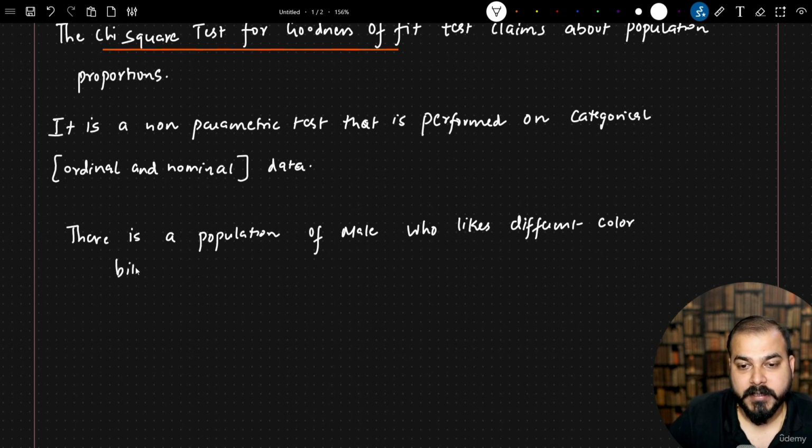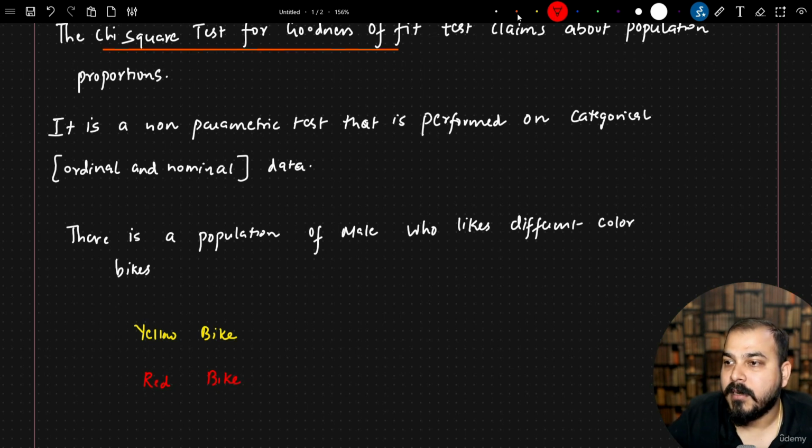Let's say there are bike colors. So this is a yellow bike, and this is a red bike, and let's say there is an orange bike. I know whether this color exists or not for bikes, I don't know, but let's see.